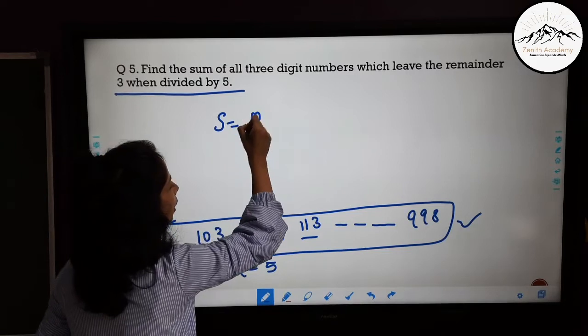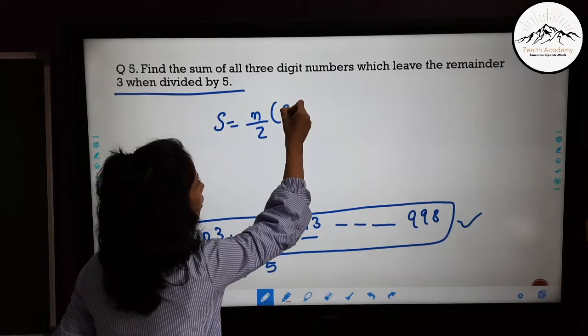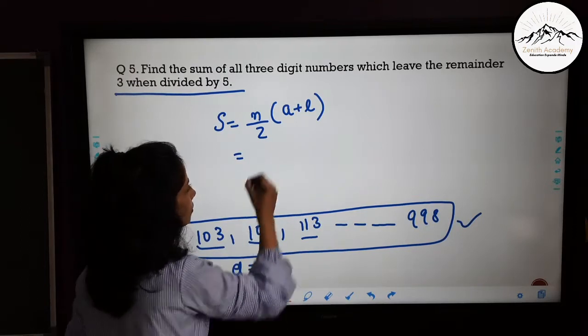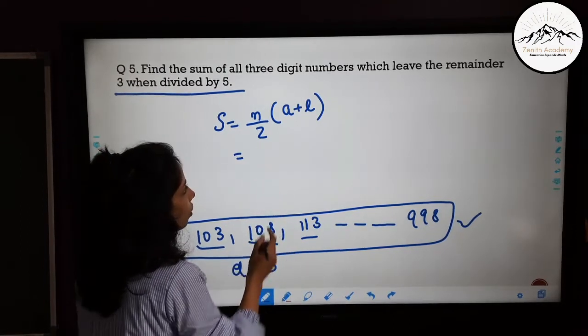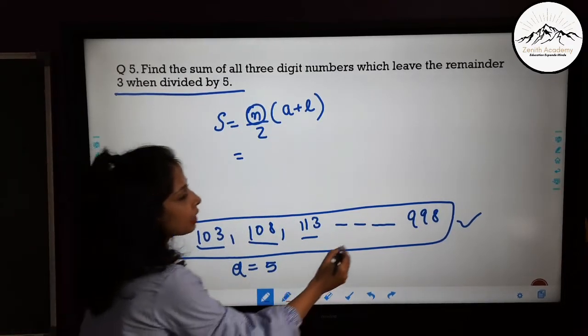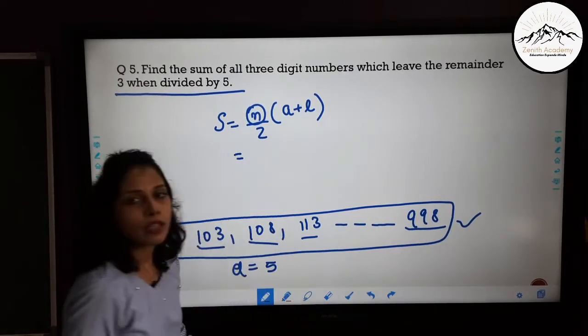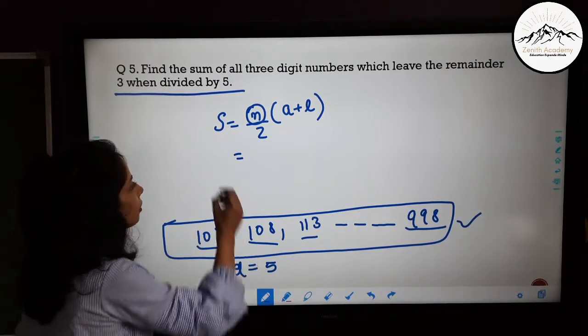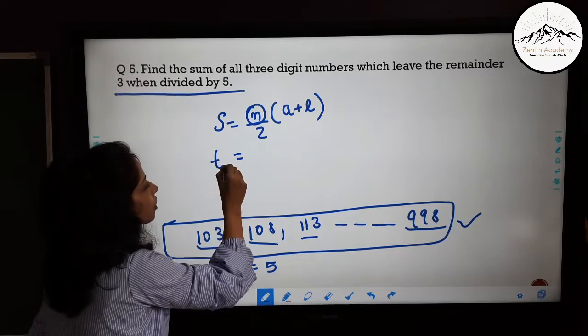S is equal to n by 2 into A plus L. Now we don't know n, but we know the last term, that is the nth term. So we can find the n terms of an AP, the total number of terms in the AP.